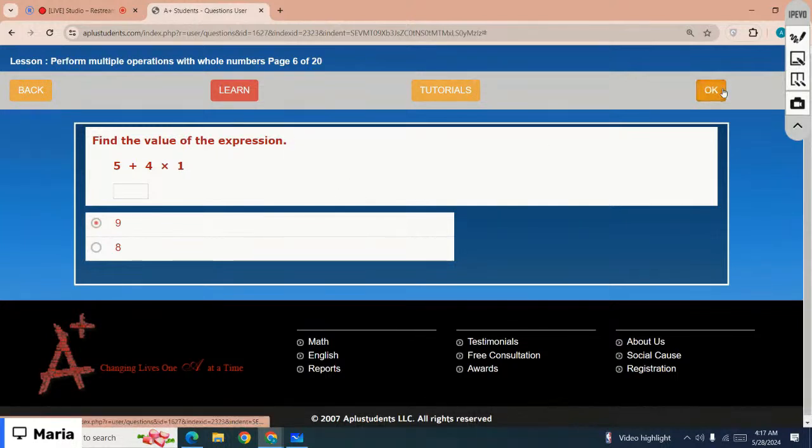The next correct option is 11. You have to multiply first. 4 times 2 is 8 and 8 plus 3 is 11. The correct option is 11.